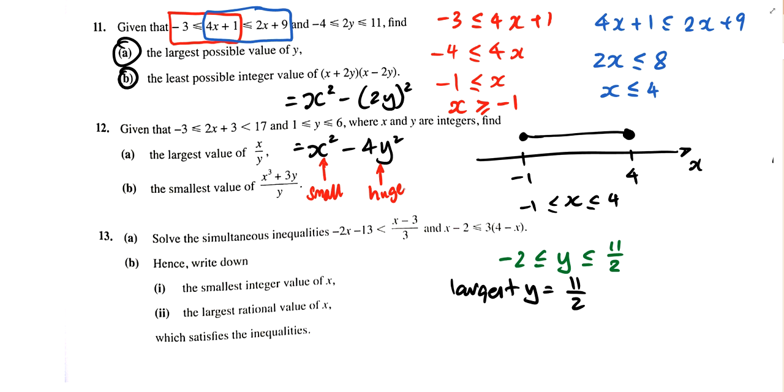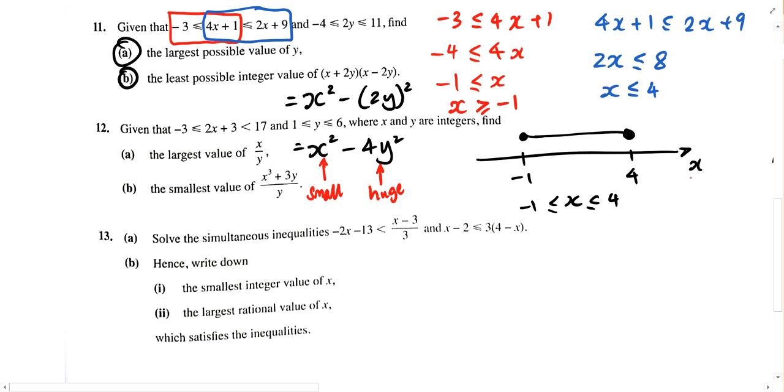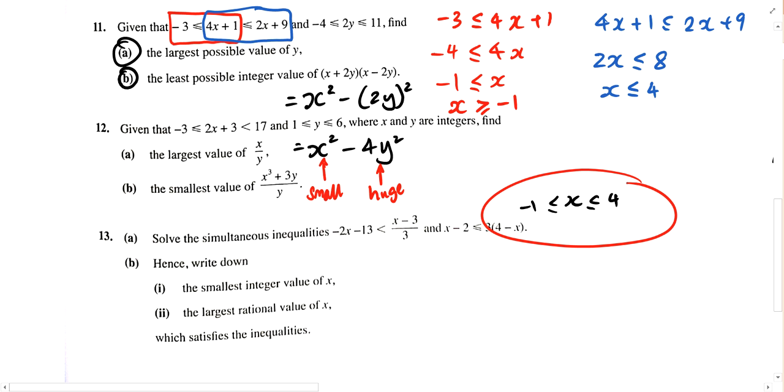Okay, now what is the smallest possible value for x square? Given that we found earlier, x ranges from negative 1 to 4. If you think that the smallest value of x squared occurs when x equals negative 1, then let's try it. Negative 1 square minus 4y square.